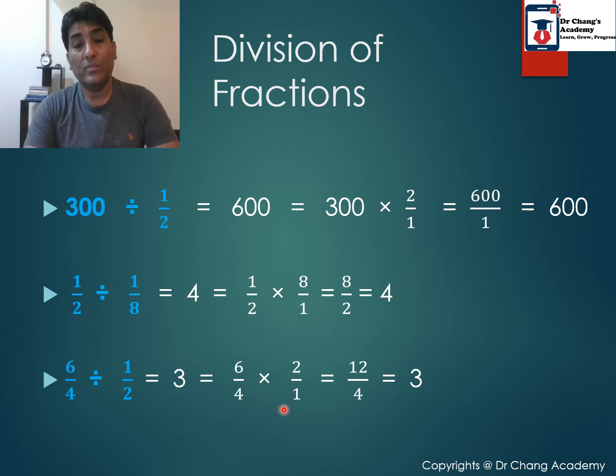So changing this into multiplication by replacing this with its multiplicative inverse, which is 2 over 1, now we have multiplication. 6 multiplied by 2 is equal to 12. 4 multiplied by 1 is equal to 4. And if we simplify, 3 times 4 is 12, so the answer is going to be 3. And here we also have 3. So this is a commonly used procedure to solve fraction division problems by changing into multiplication using the multiplicative inverse of the divisor.